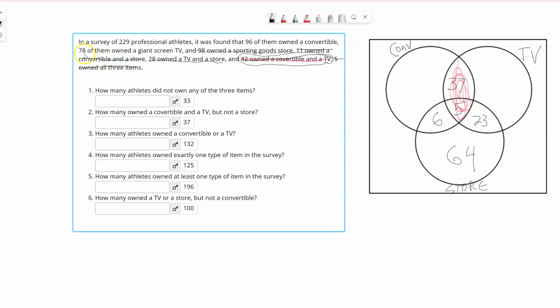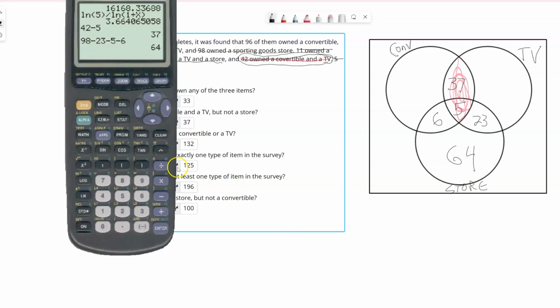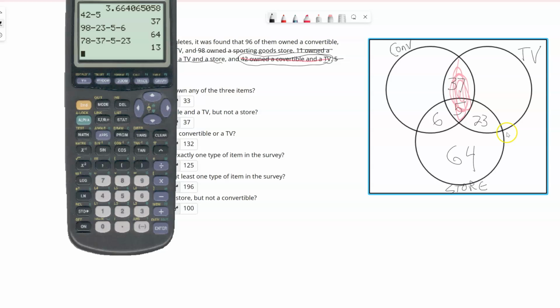Next up, 78 of them owned a giant screen TV. Same thing, 78 total. For the TV we have 37, 5, and 23 already accounted for. Subtract 37 and 5 and 23, and we have 13.